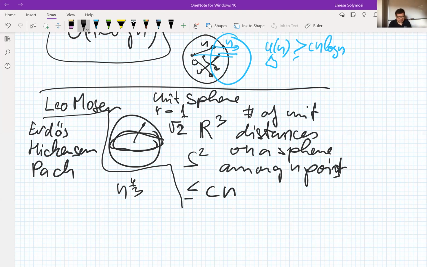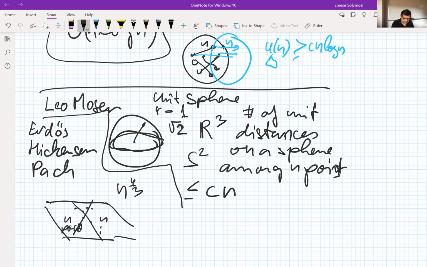That's a nice construction. I won't even explain it now. It has something to do with point-line incidences. You simply have an arrangement of points and lines, and for every line you have about n to the 1/3 points incident.